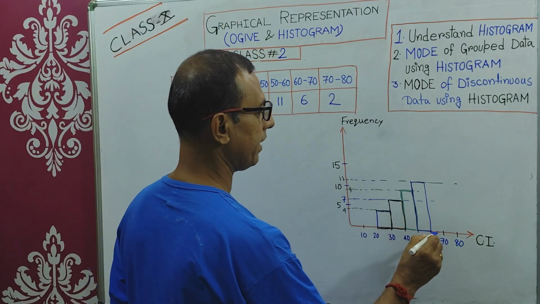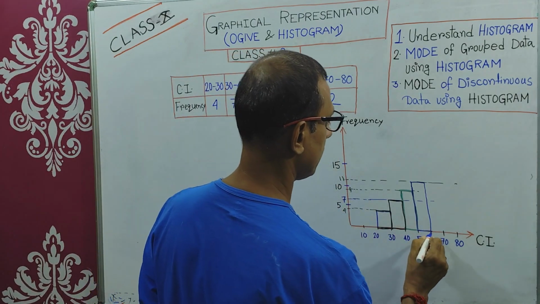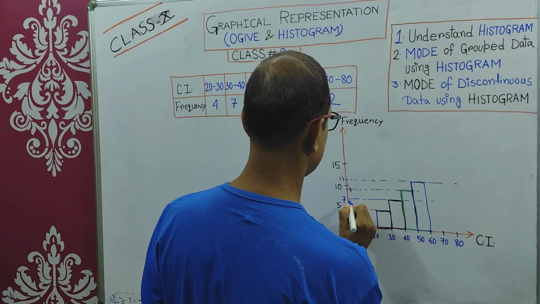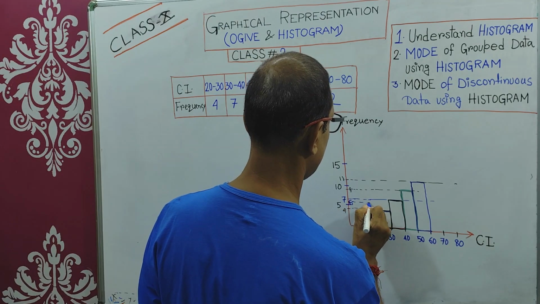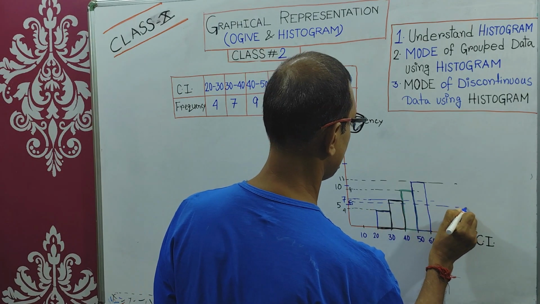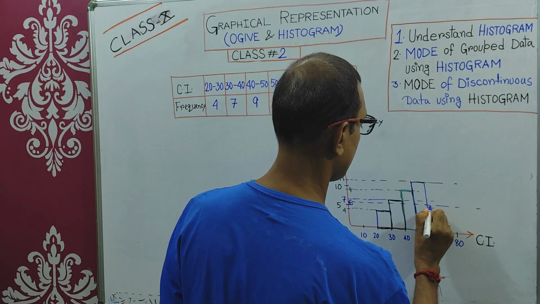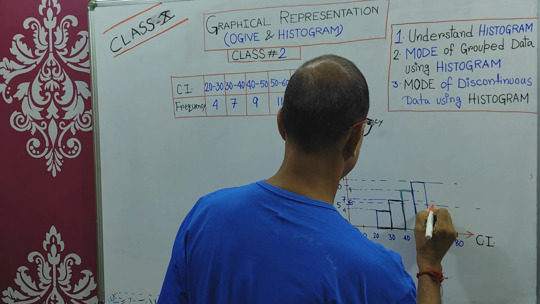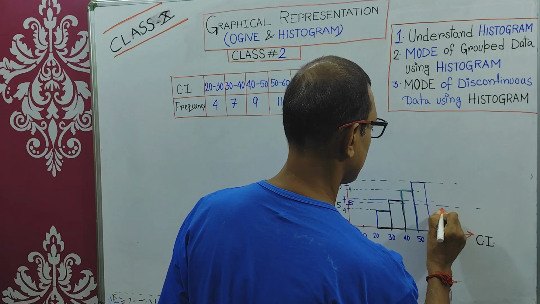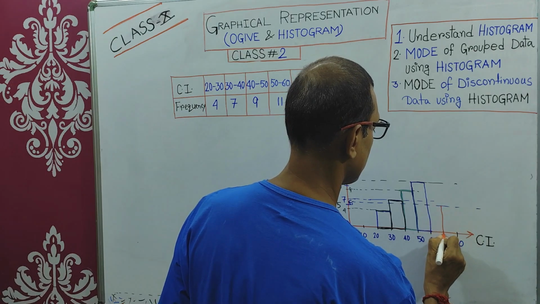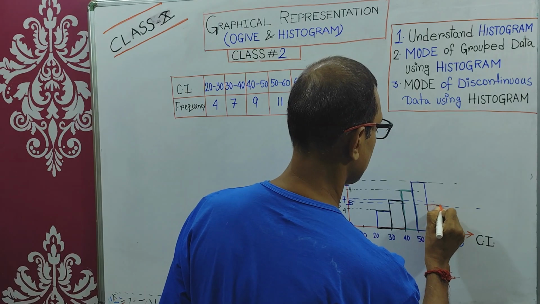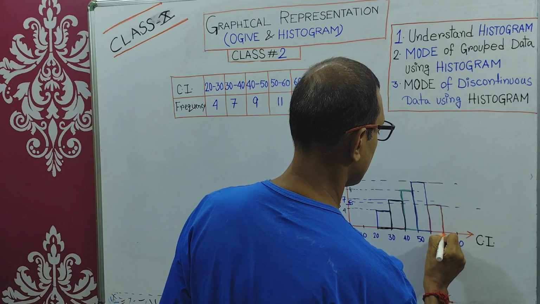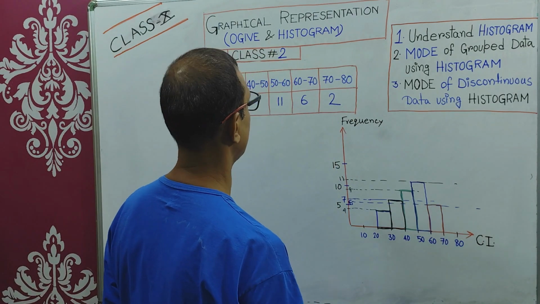Again, 60 to 70 it is 6. Let's say this one is 6. So for 60 to 70 there is 6.